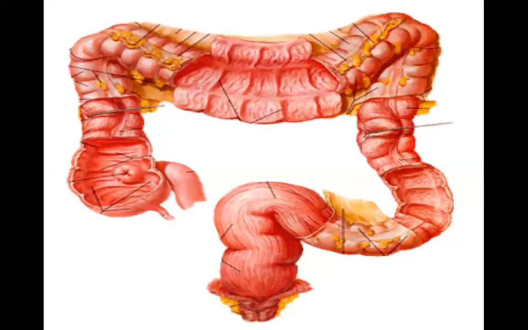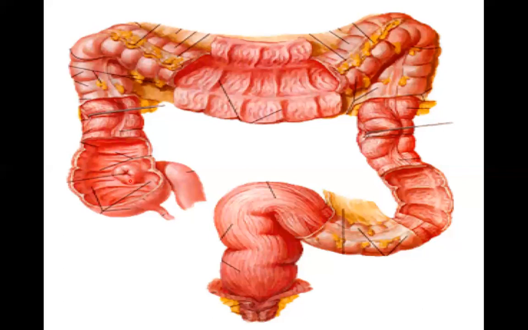It has a connection with the ileum through the ileocecal junction also. This junction is guarded by a valve, and just below the ileocecal valve, at 2 centimeters, we will find its connection with the appendix, the vermiform appendix.